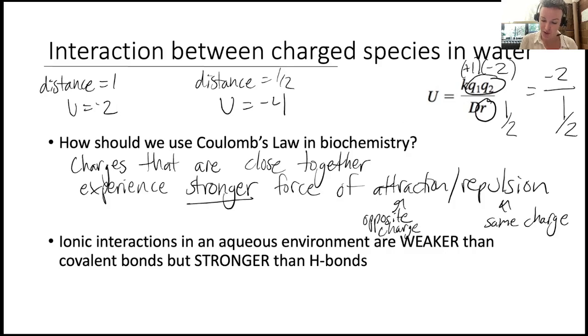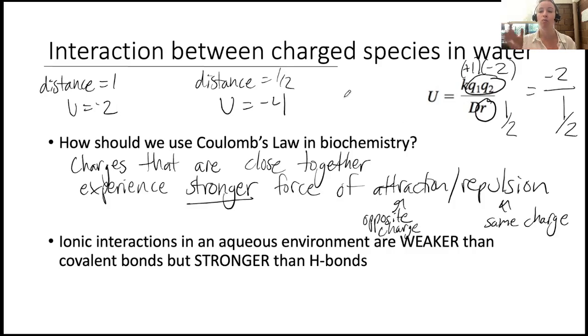And I'll make this extra clear by putting that plus up here by the 1 for everyone to see. So we should understand from Coulomb's law that charges that are close together experience a stronger force of attraction or repulsion depending on their charge. Therefore, charges that are far apart should experience a weaker force of attraction. And here we're talking about fully charged species, so ionic interactions in water, right?